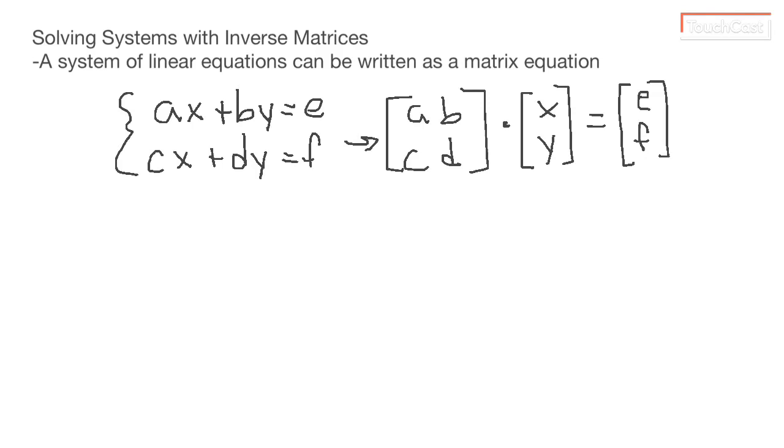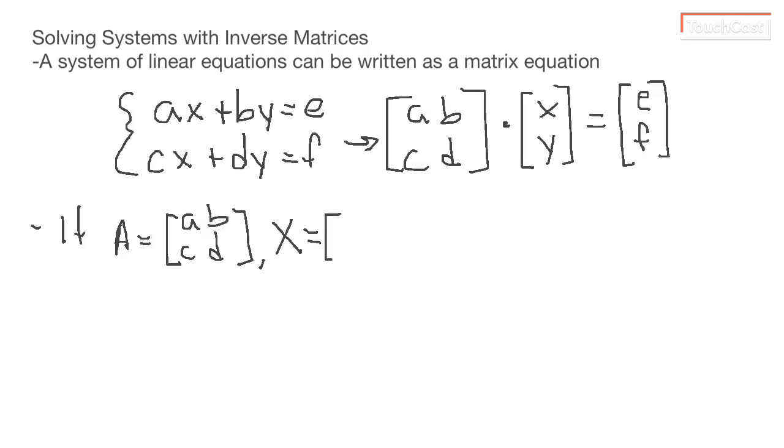We can also set some stuff up. If we let A equal that coefficient matrix, A, B, C, D, we let this capital letter X equal our XY matrix, and we can let the capital letter B equal the EF matrix.